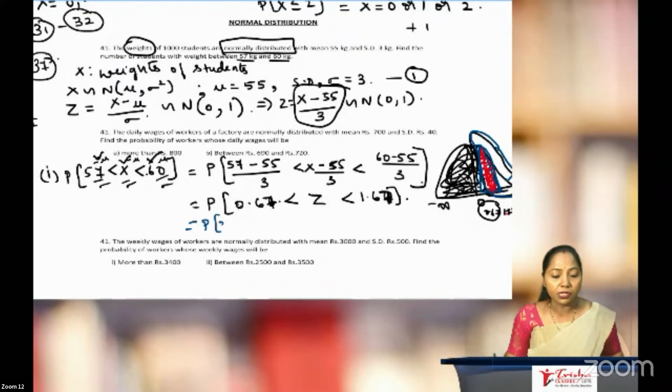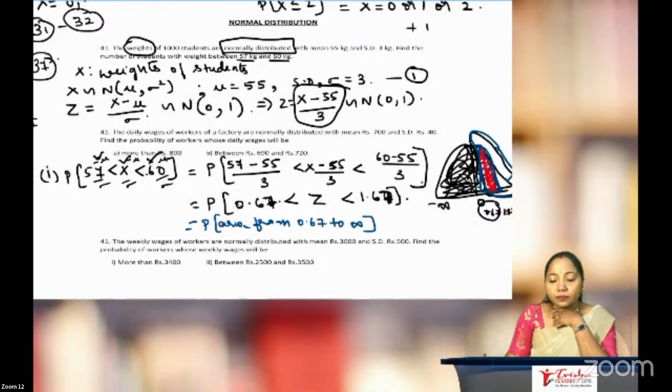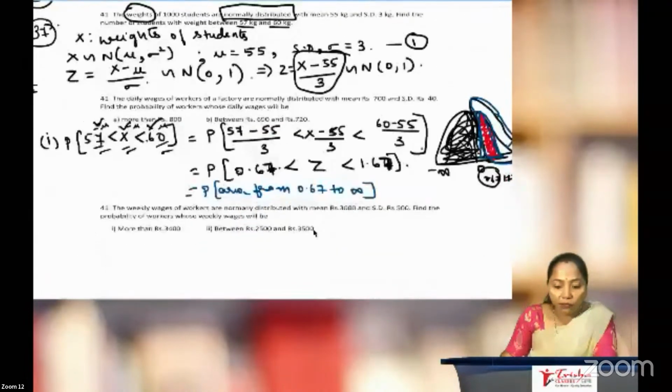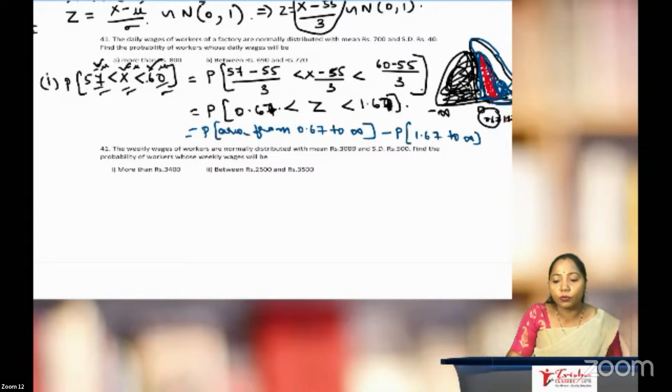So, area from 0.67 to infinity; from that remaining area, you have to remove the right tail, that is from 1.67 to infinity. So this portion is removed, and we are left with 0.67 to 1.67.